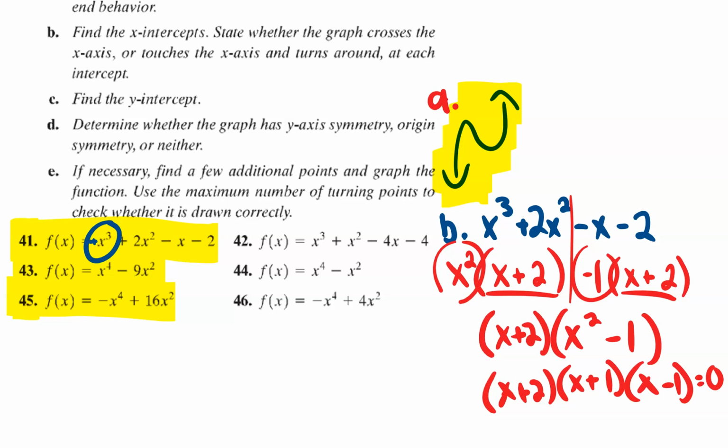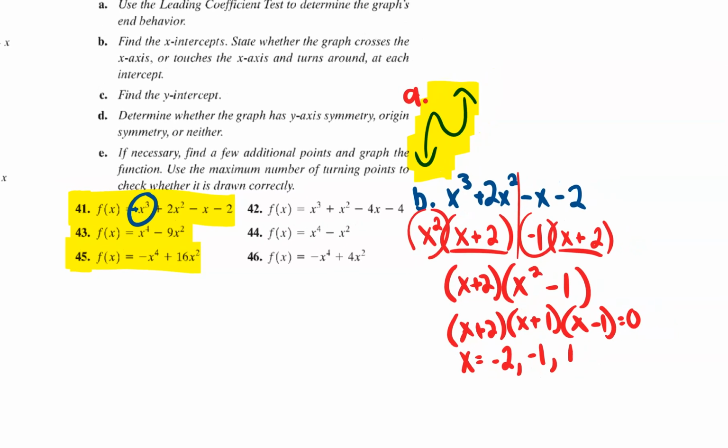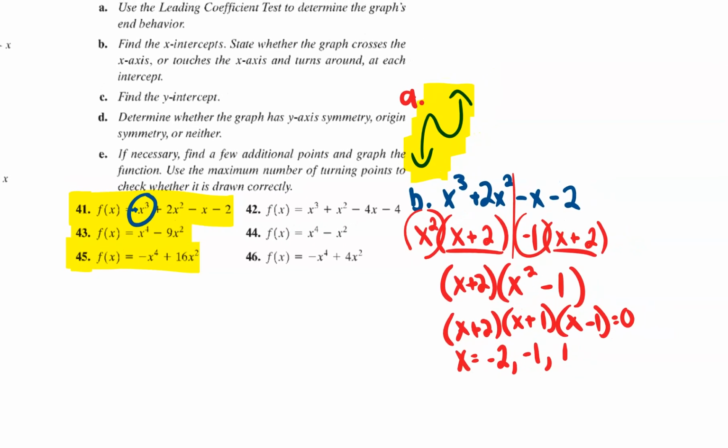This will give us -2, -1, and +1. So if you're going to write these as x-intercepts, you might want to write them as, sorry, the pen is not working very well, as -2, 0, -1, 0, and 1, 0. So write them as coordinate points.